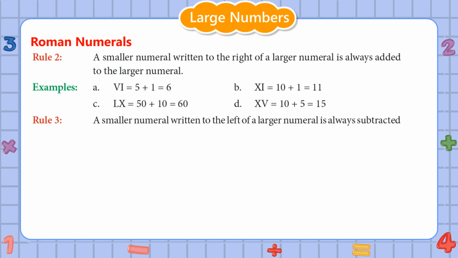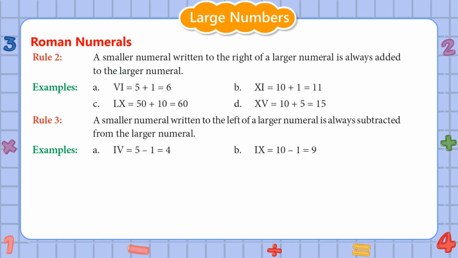Rule 3. A smaller numeral written to the left of a larger numeral is always subtracted from the larger numeral. Examples. A. IV is equal to 5 minus 1 is equal to 4.